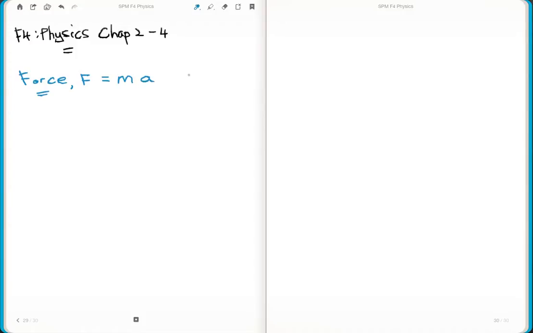The unit for force is a special unit called Newton, a derived quantity equivalent to kg meter per second per second.